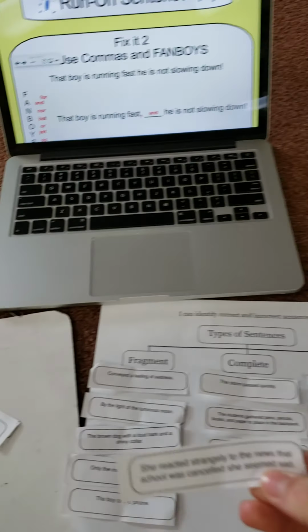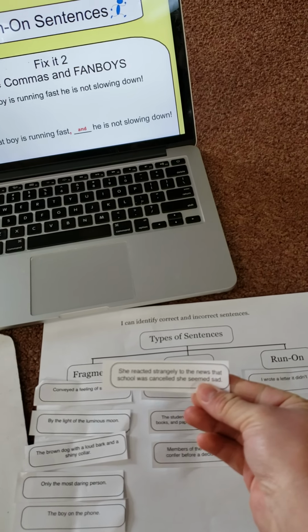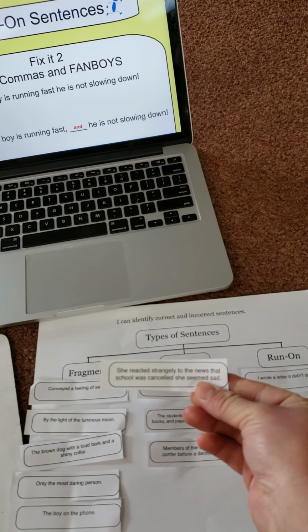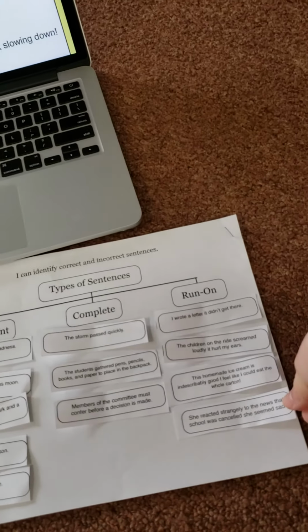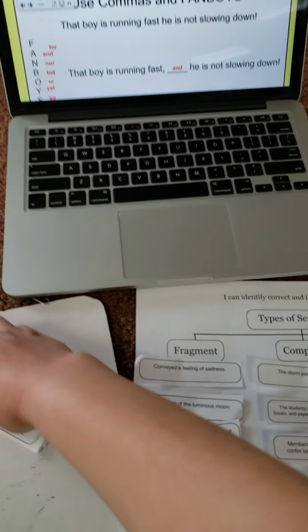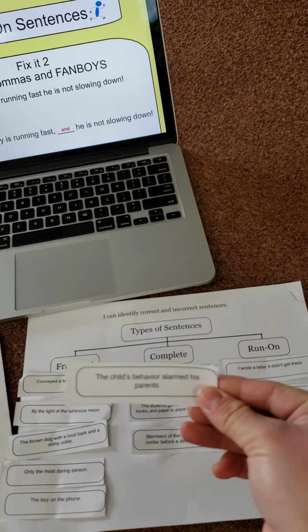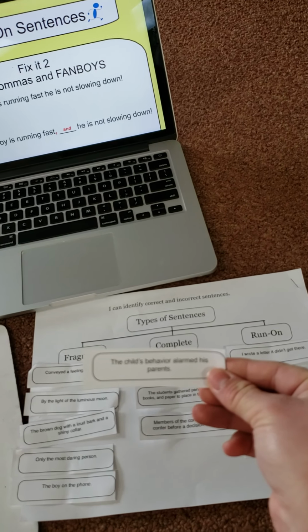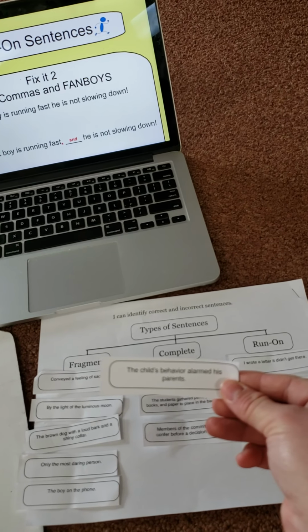Let's look at this one. She reacted strangely to the news that school was canceled. She seemed sad. Oh, that is also two ideas. So we are going to put that into this. The children's behavior alarmed his parents. Who alarmed his parents?